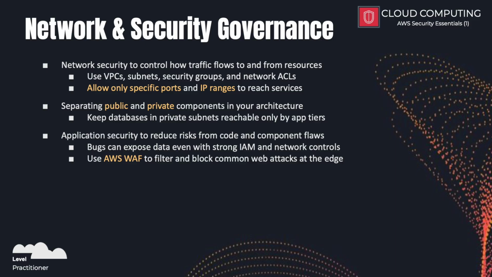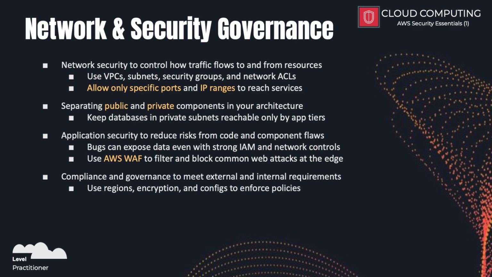The next area is compliance and governance. Compliance means meeting regulatory, legal, and internal policy requirements. AWS provides compliance certifications for its infrastructure, but it's still your responsibility to configure services in a compliant way, such as enforcing encryption or restricting data to specific regions.